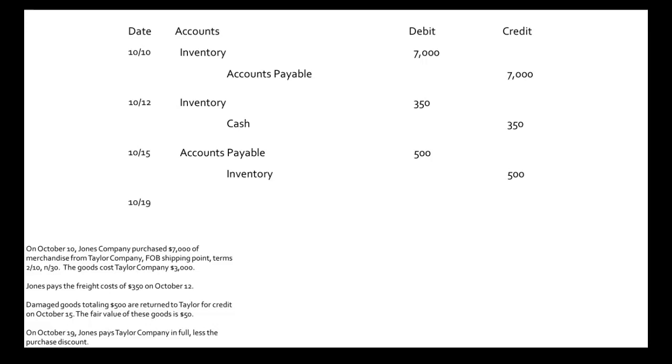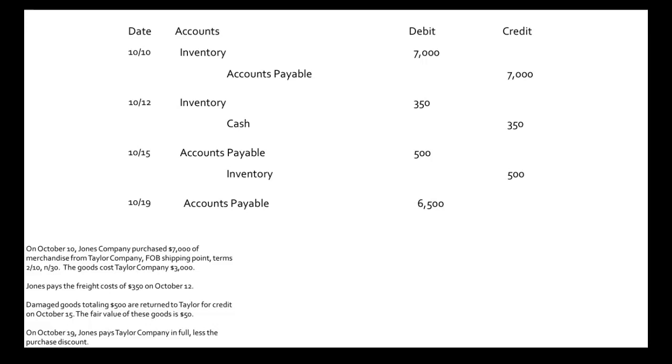Now, on October 19th, we have to pay back Taylor Company. So there's a few different accounts that we're going to be using here. The first one is accounts payable. If we are paying back Taylor Company, we need to show that we don't owe Taylor Company that money anymore. So our accounts payable has to decrease. So we're debiting accounts payable.